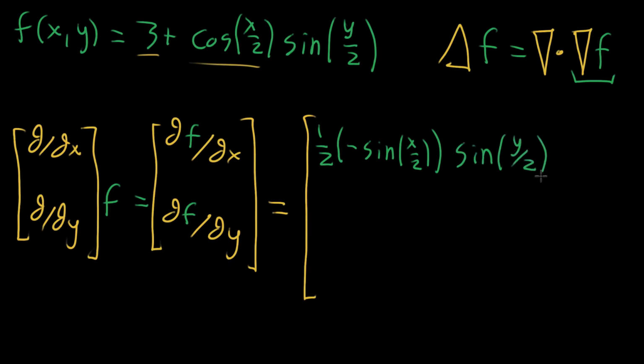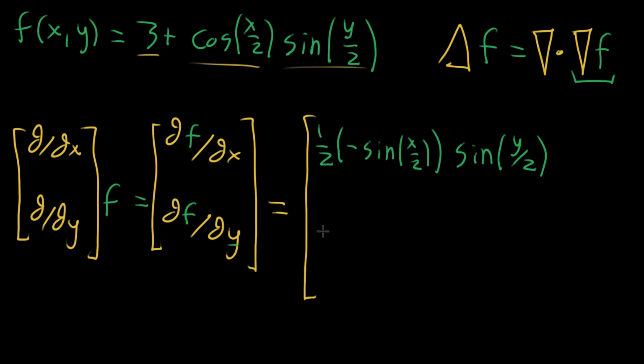And then for the second component, the partial derivative of f with respect to y, 3 still looks like a constant because it is a constant. Now cosine of x over 2 looks like a constant because as far as y is concerned, x is a constant, so cosine of x is a constant. But then the sine of y has a derivative of cosine, and we also take out that 1/2.